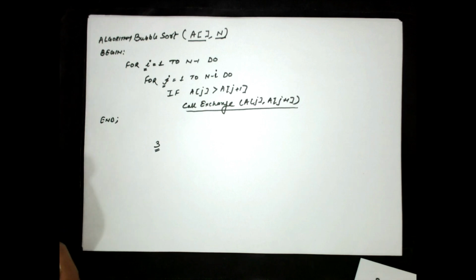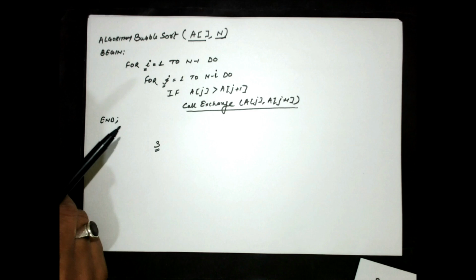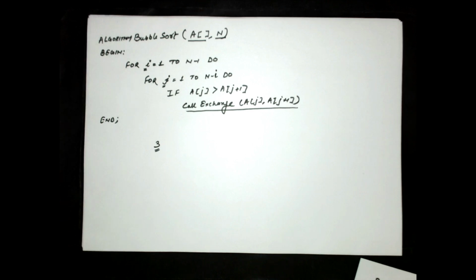Now, if you see, the number of variables that we are taking will always remain 3, irrespective of the number of elements in the input. If we have 100 elements, the number of variables will be 3. If we have 200 elements, it will be 3. If I have 1000 elements, this will also be 3.